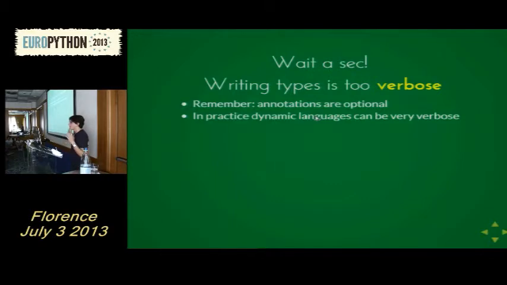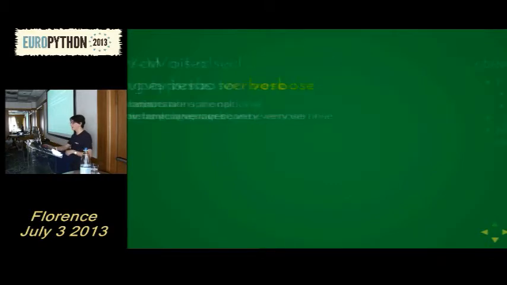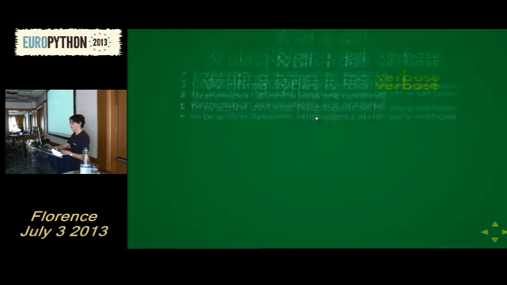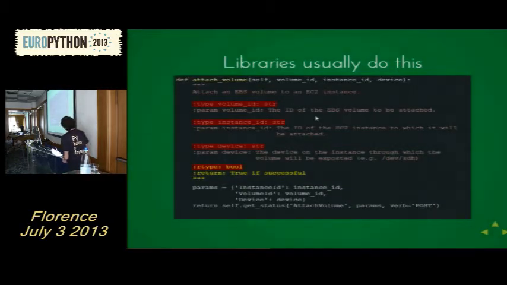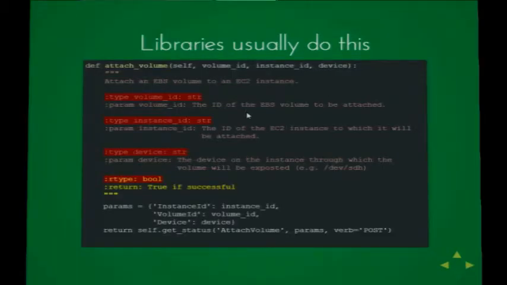And also, one thing to mention is that in practice, dynamic languages do things like this. Oh, sorry. Like this. They use a doc string and they start adding typing information to that doc string. And this is very common in any medium to large Python library.